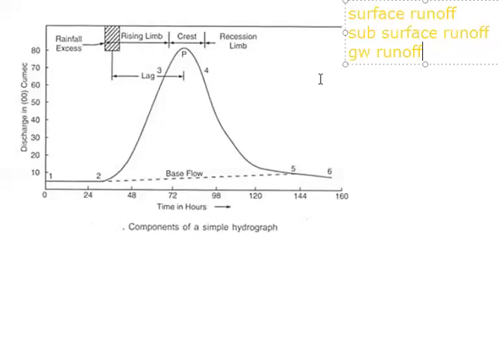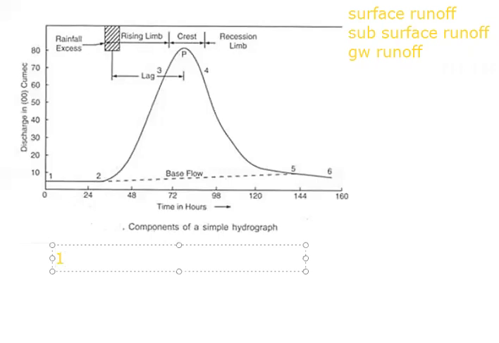So now, if you see the graph, in this graph the points mentioned 1 and 2 are the approach segment.